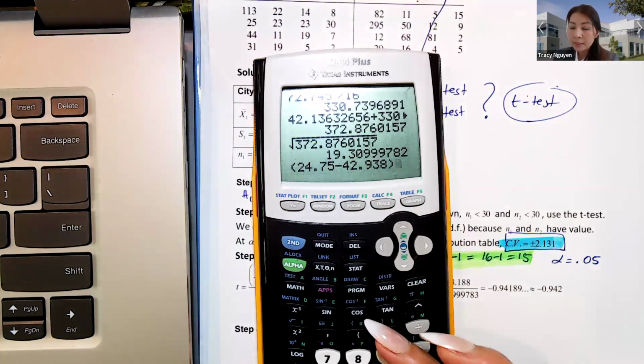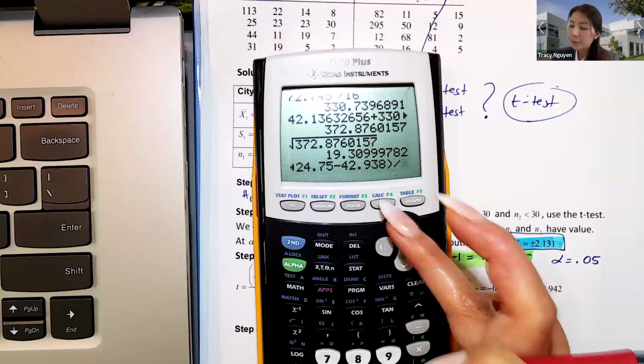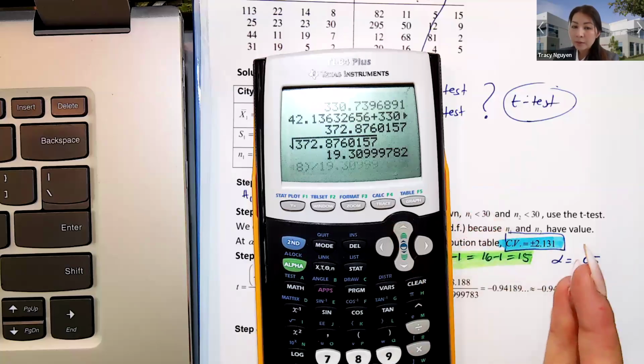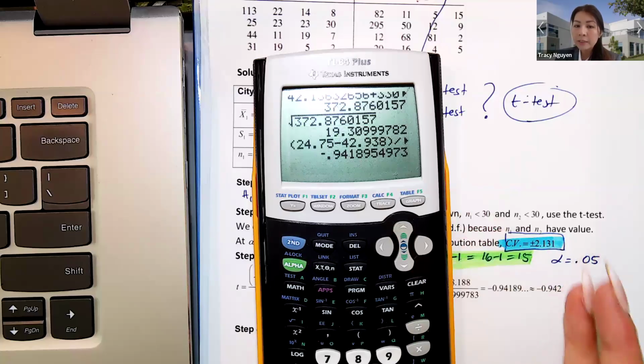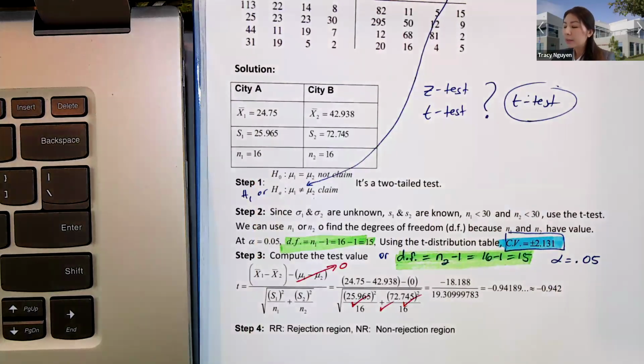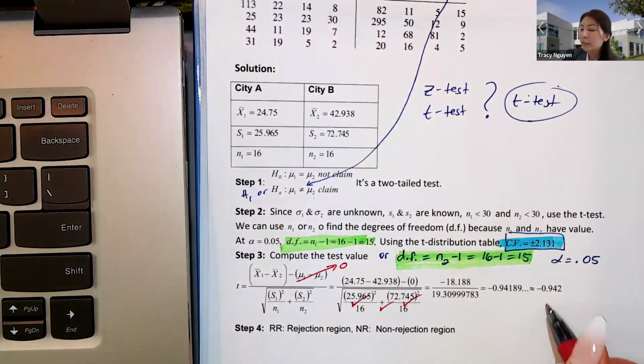Close the parentheses, divided by the result from the denominator. And this gives us negative 0.94189 and so on.